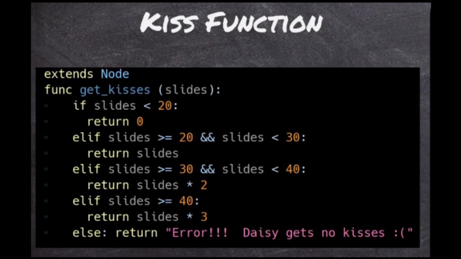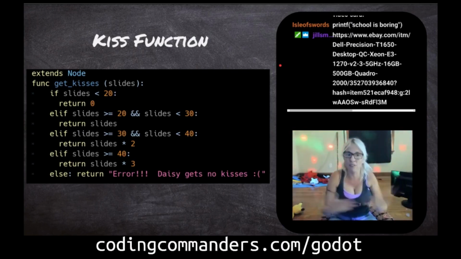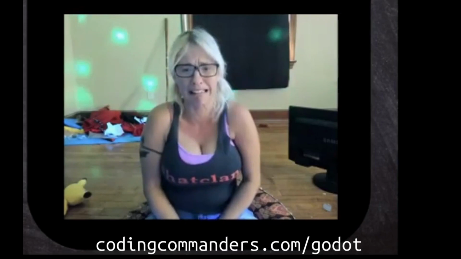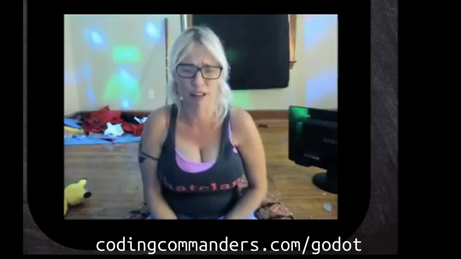If slides are greater or equal to 40, we're going to return slides times 3. Else, if for some reason it didn't fit into any of those categories and the program's broken, it's going to return error. Daisy gets no kisses.